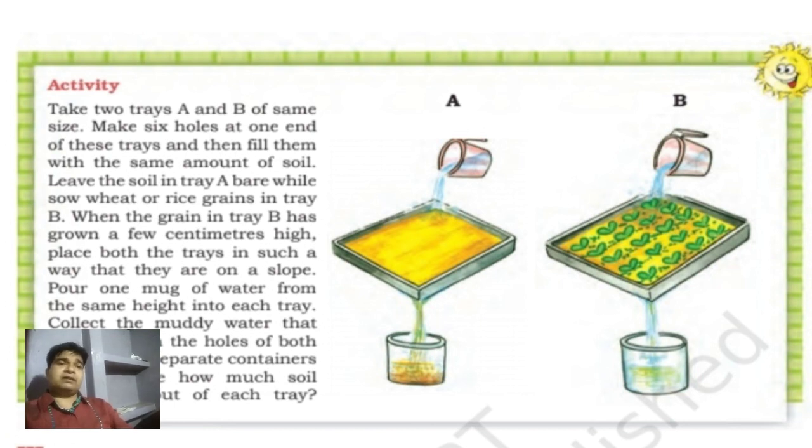Collect the muddy water, and after collecting the water you will see that in tray A there is more muddy water, and in the second tray B, there will be less muddy water, because these small plants of rice or wheat are holding the soil, so the soil is not flowing away, while in the first tray nothing is holding the soil, so the soil naturally comes down.